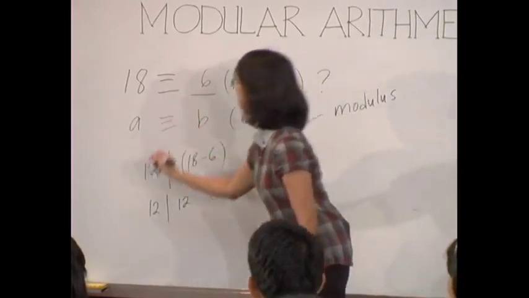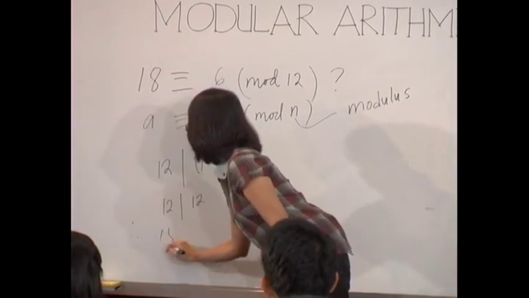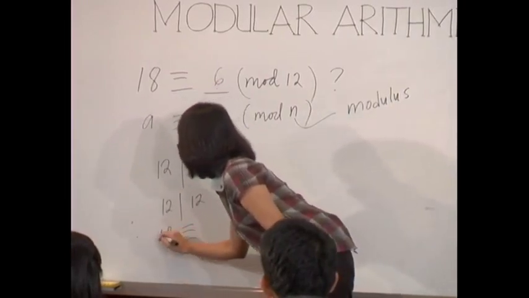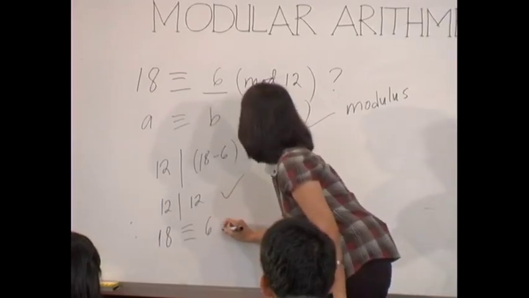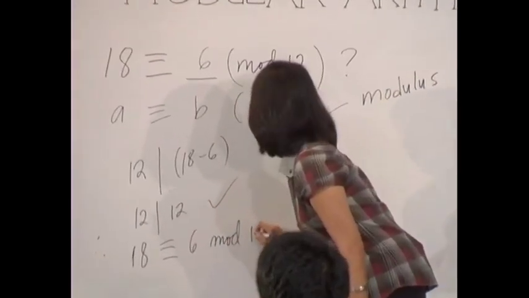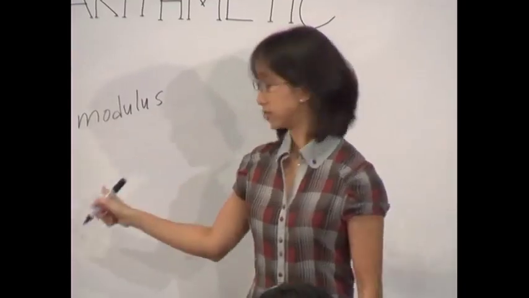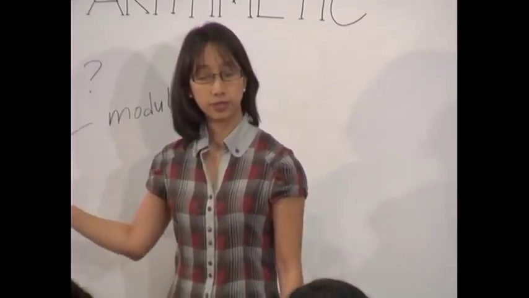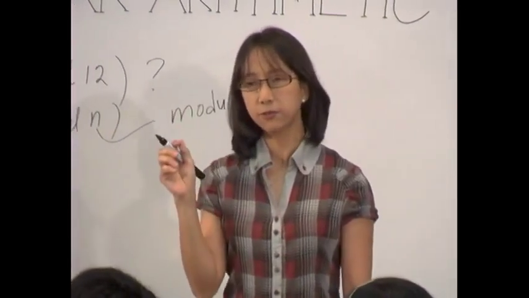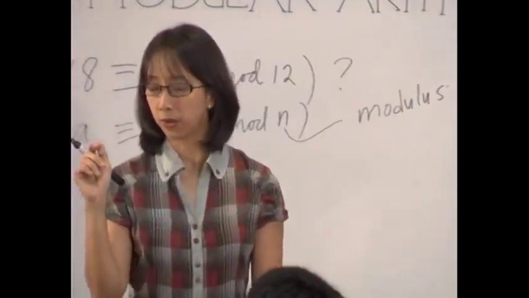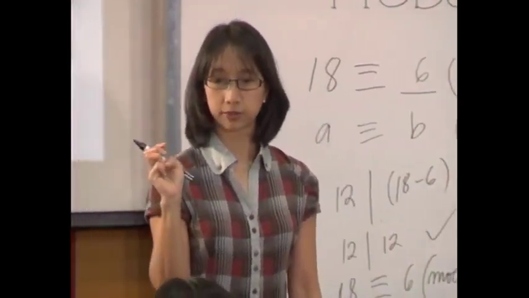Okay, so therefore, we can conclude that 18 is congruent to 6 modulo 12. Actually, in the clock, when we reach 1800 hours, it's equivalent to 6 p.m. Okay? Can you give me a number from 1 to 11? Abigail? 7. Okay.